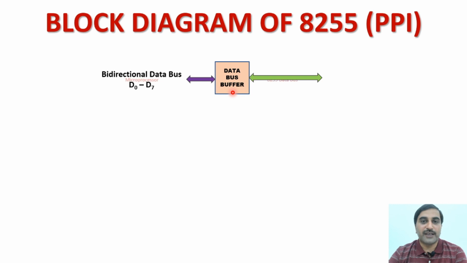Data bus buffer is basically used to transfer the information between 8255 and the microprocessor. Data bus buffer takes the information from the 8255 data bus and supplies that data to the microprocessor through the bidirectional data bus, that is from D0 to D7. It is of 8 bits.